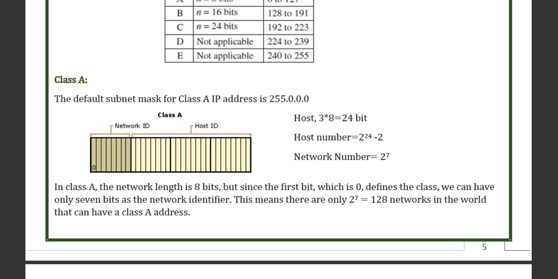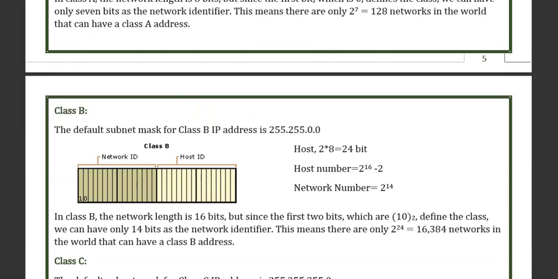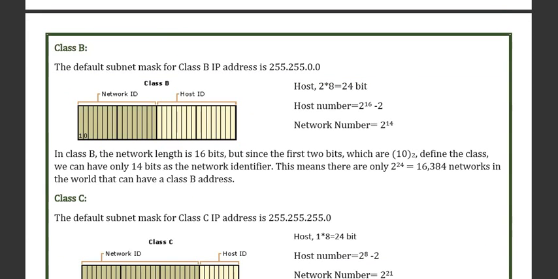For class A, we have host bits 2 to the power 24, that means 24 bits, and the host number is 2 to the power 24 minus 2. Here the network number is 2 to the power 7 because the first bit is reserved. In the class B section, we have host bits 16, and for the host number we have 2 to the power 16 minus 2, and in the network section we have 2 to the power 14 because the first 2 bits are reserved.